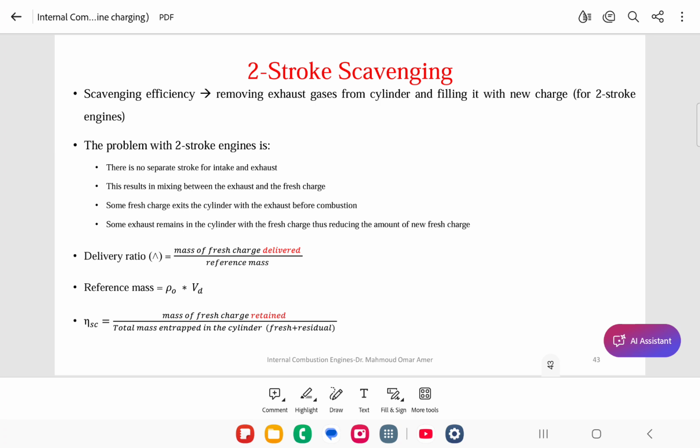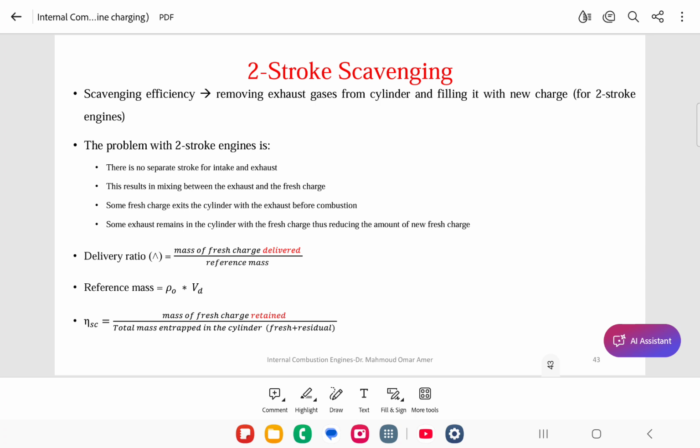First of all, what is the reference mass in the delivery ratio? The reference mass is density multiplied by the displacement volume, rho naught times Vd. Rho naught is the density at the standard conditions. What is the mass of fresh charge delivered? It is the fresh charge that we add to the system.